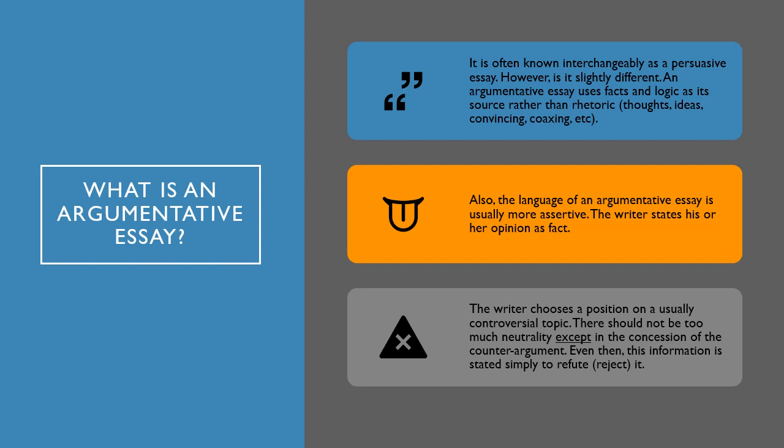And that's the only reason why you can have any neutrality in that part, is because you are going to simply reject their opinion. All right, so that is the basic structure of an argumentative essay. Now, let's keep going.